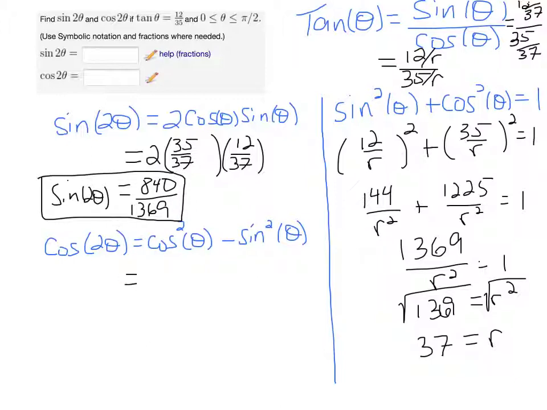And the cosine of 2 theta is, the cosine, once again, is 35 over 37 quantity squared minus 12 over 37 quantity squared.